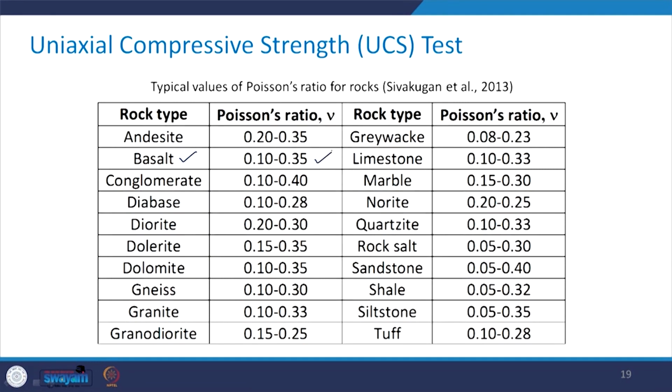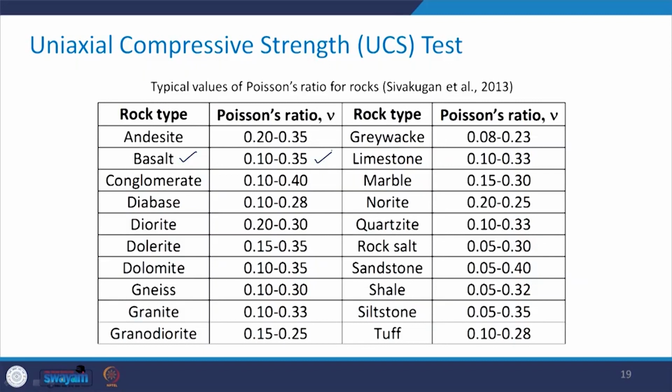Such a large variation is there because you can have 10 different types of basalt depending upon their mineralogical composition. The main mineralogical composition is more or less the same to make that rock a basalt, but the relative magnitude of different minerals in that particular rock may make different types of basalt, or any other rock. Like in the case of sandstone, it varies from 0.05 to 0.40, from so low to high.